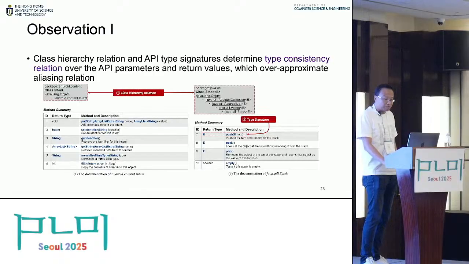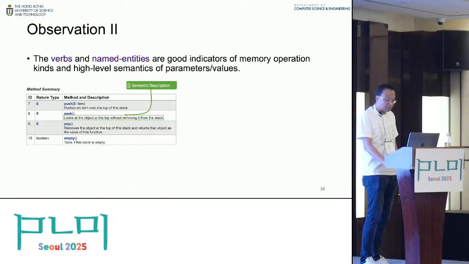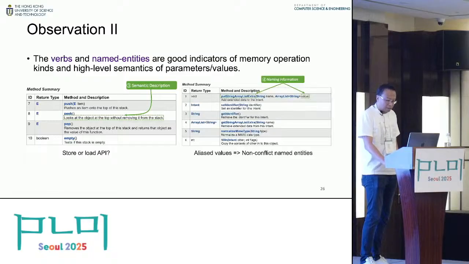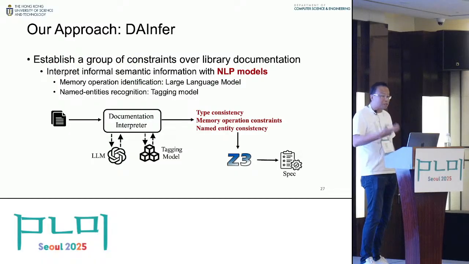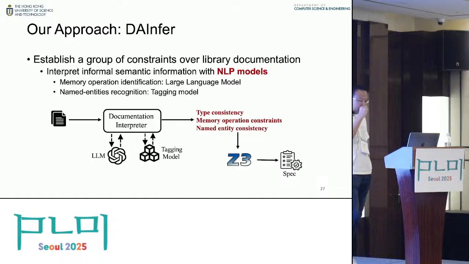These are the two observations. If we combine them, we ask the LLM and combine it with these type constraints, we can see whether we can make the right conclusions.